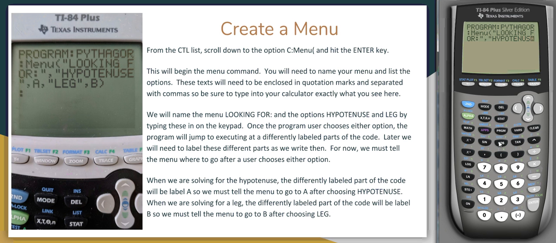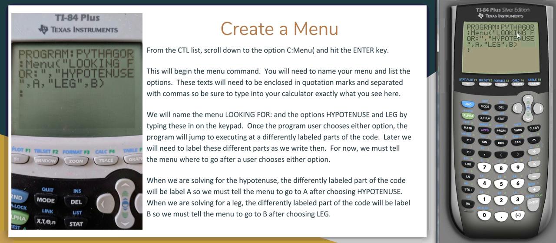It can be rather cumbersome to do this on your calculator because you have to type everything in on your keypad, so it can take a little while. The next option would just be a leg, L-E-G. And hit enter at the end.